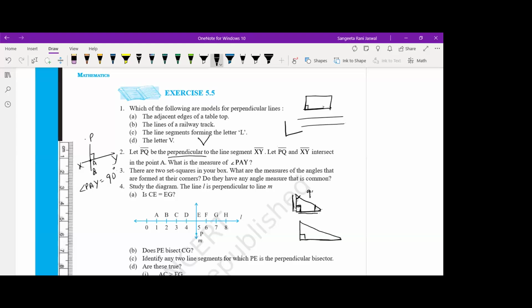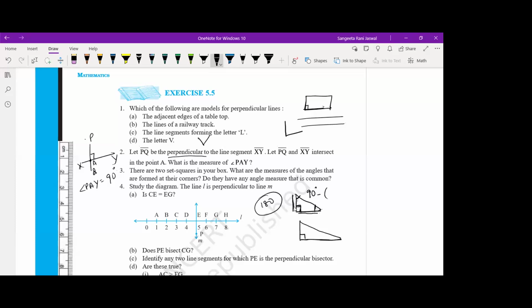So this set square has an angle of 90 degrees, and the angle sum property is 180 degrees. All the angles of a triangle sum to 180 degrees, right? So if one angle is 90, the remaining two sum to what? The sum of the remaining two is also 90 degrees. Then only it will make 180, no?